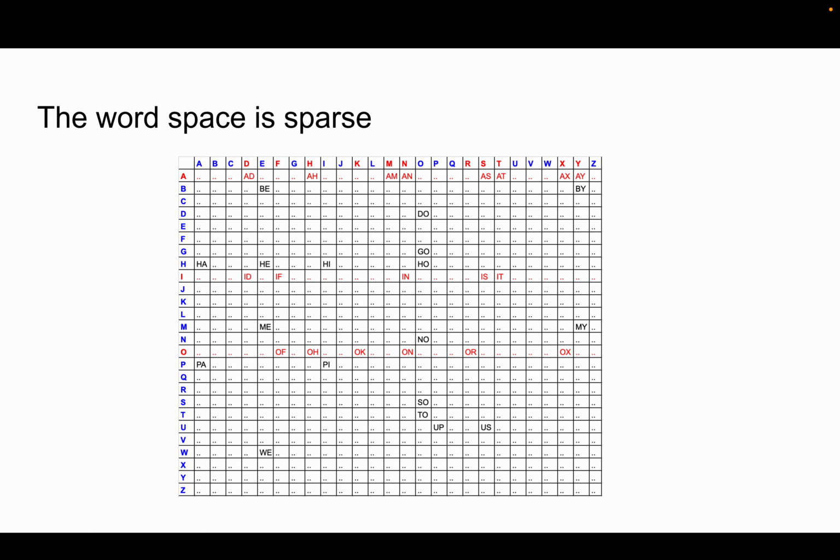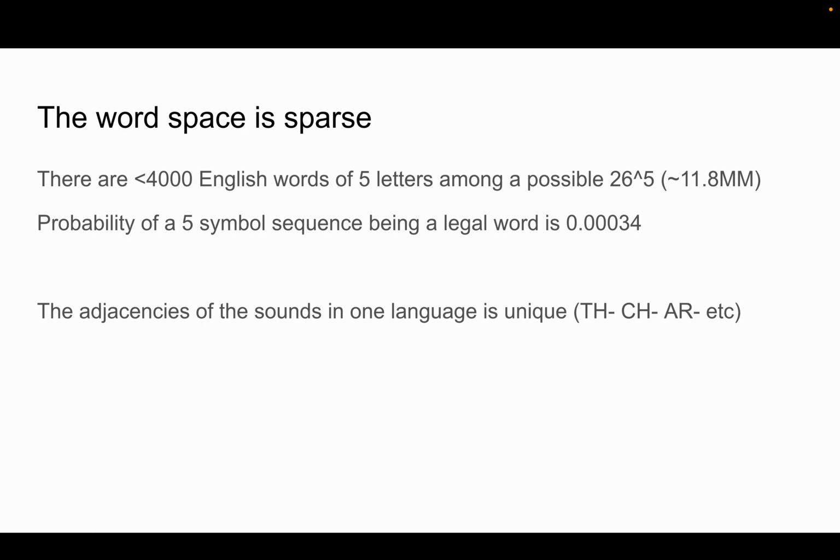The words cluster around vowels. So the columns and rows that have vowels have words, and generally, even then, most of the grid is empty. So most combinations of symbols are not words. So the word space, therefore, is sparse. And as you grow to longer and longer words, it becomes more and more sparse.